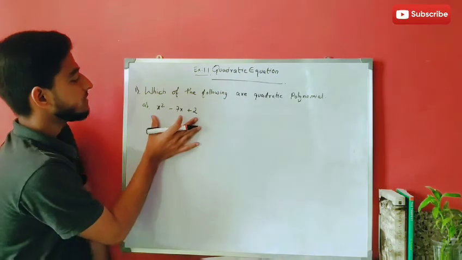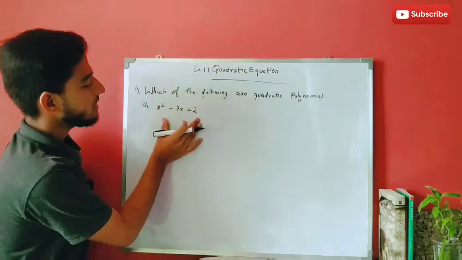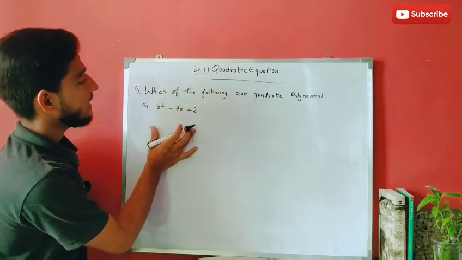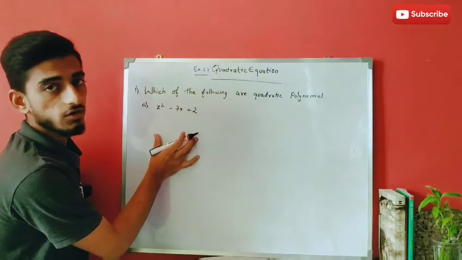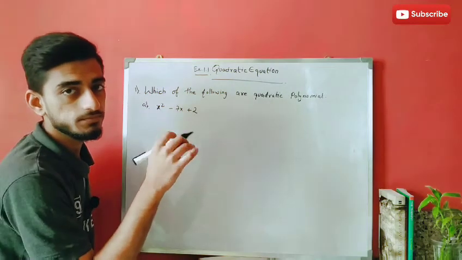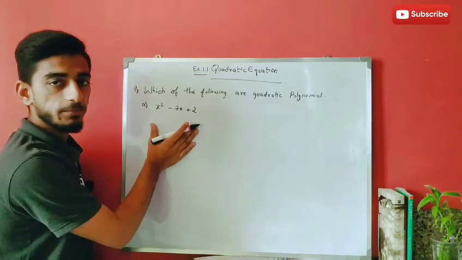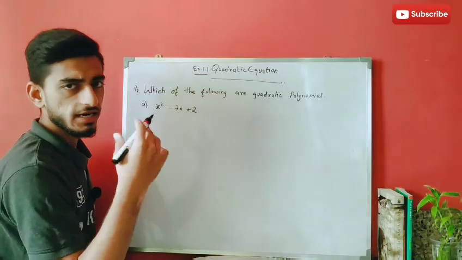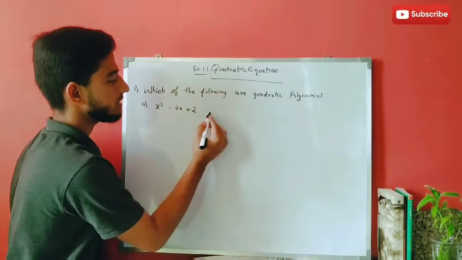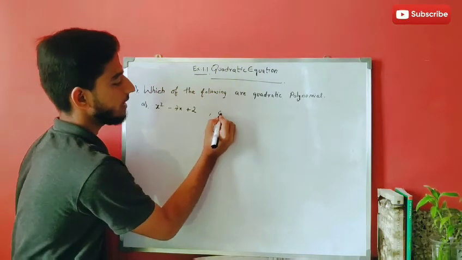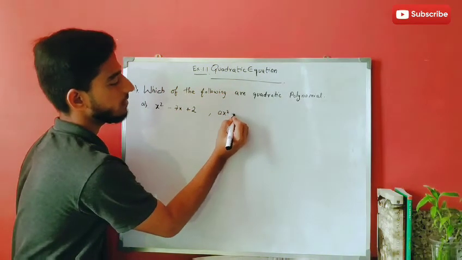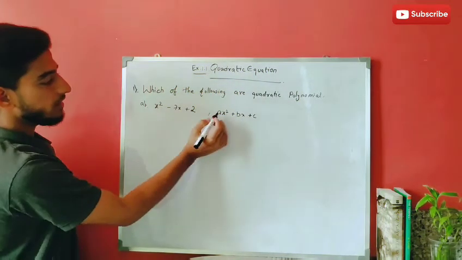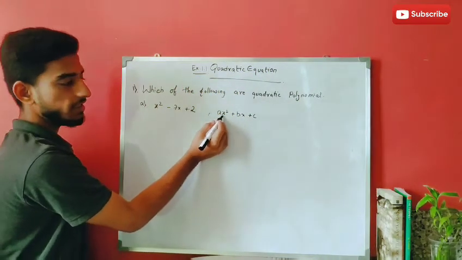So first is x square minus 7x plus 2. We have to analyze if it is a quadratic polynomial or not. We can compare this with the standard equation of a quadratic equation. So the standard polynomial was what? a x square plus b x plus c. Anything which is multiplied with x square is a.